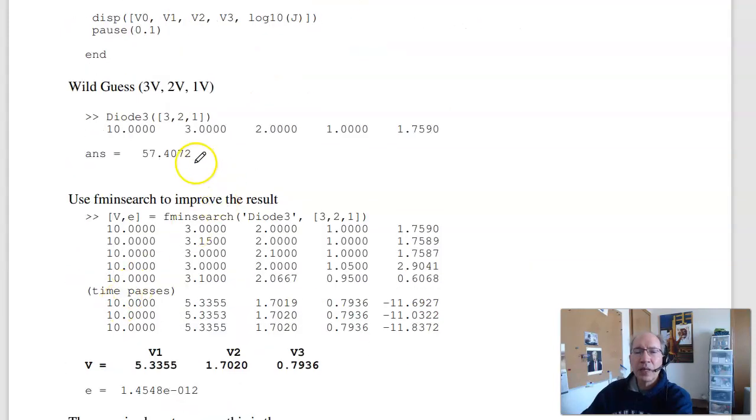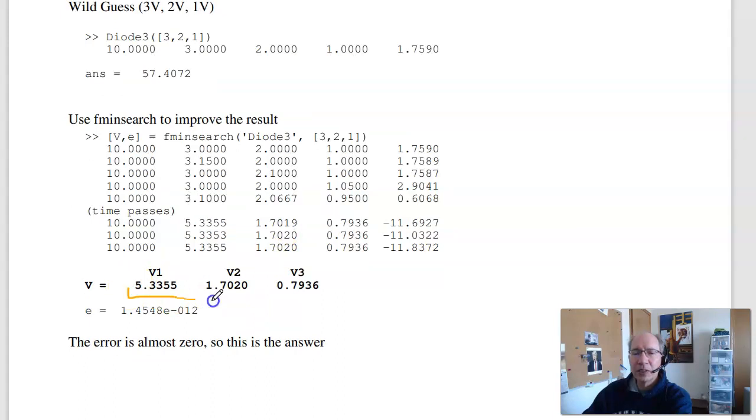Well, I can sit there and guess. Are the voltages 3, 2, 1? And it says, nope, wrong. Let MATLAB guess for you. So I'm going to use fminsearch, minimize this function. There's my initial guess. It iterates a while and eventually winds up at 5.33 volts, 1.7 volts, 0.79. Here's the sum squared error, basically 0. So that is the solution.